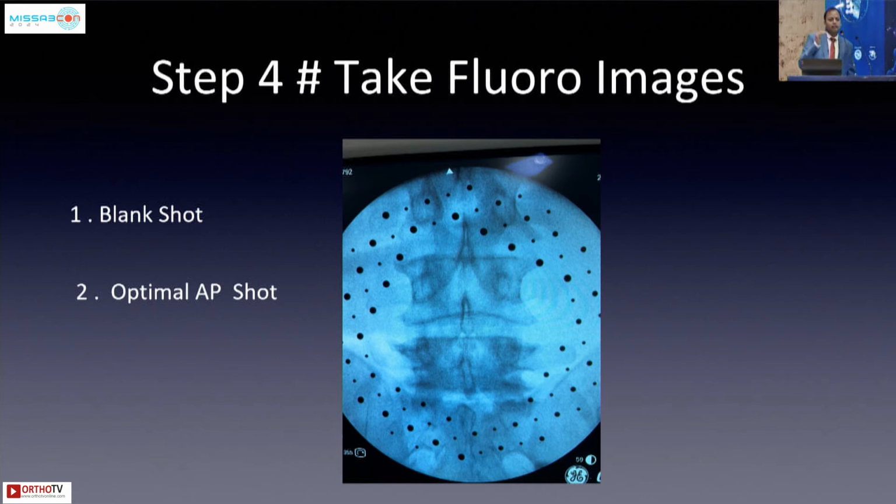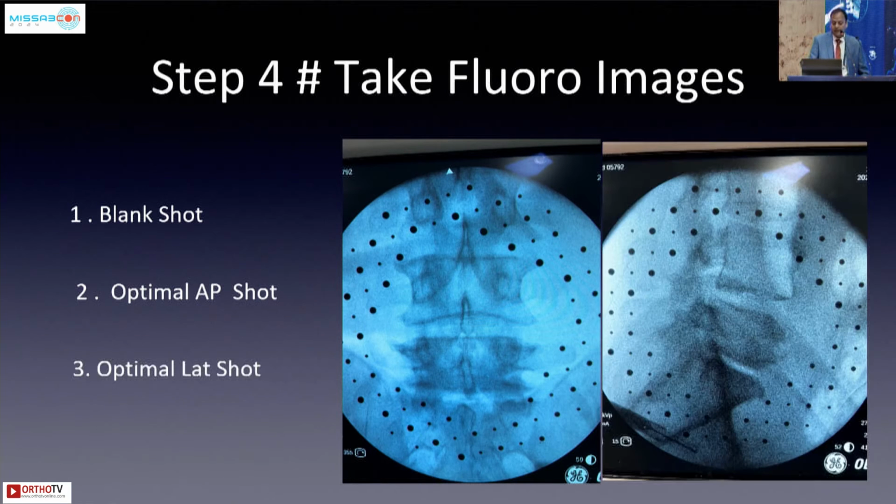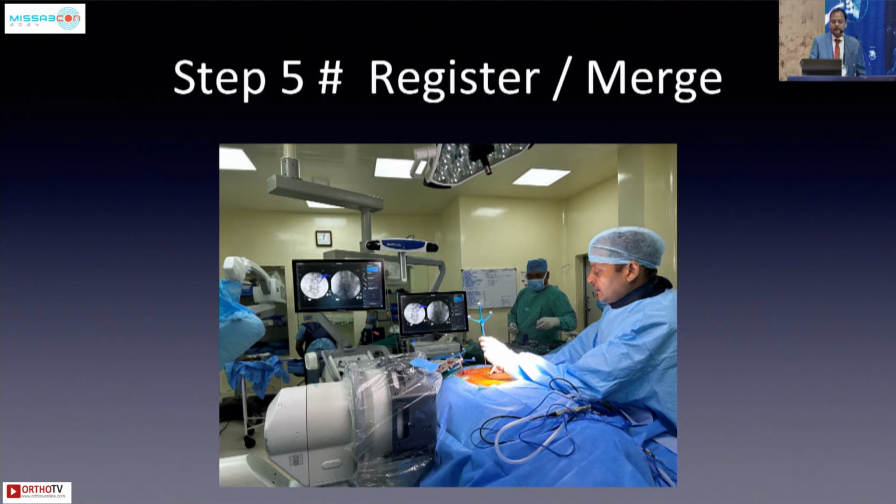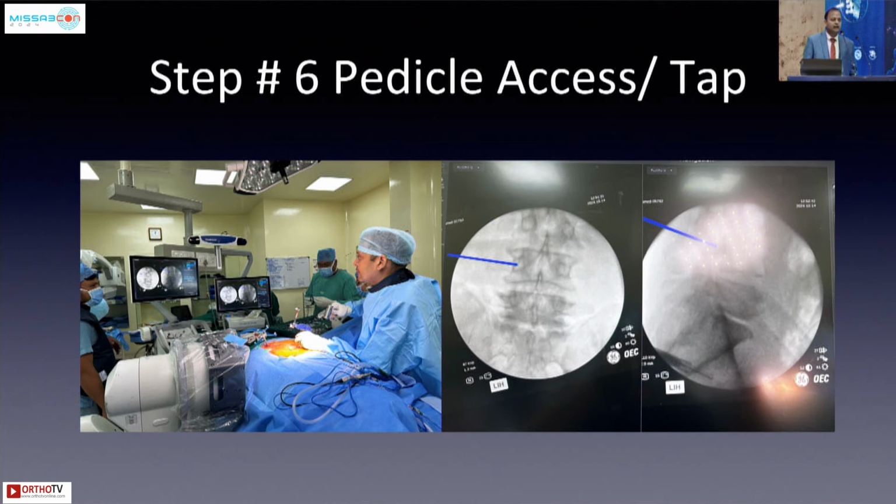If you're working at L4-5 or L5-S1, make sure the pedicles are really round and the plates are parallel. Sometimes you have to shoot two AP X-rays, one for L5-S1 if there is a huge lordosis, and one for L4-5. And then an optimal lateral view. So these are 3 or 4 images you have to take, and the radiation doesn't take more than 3 to 4 minutes. Once the radiation is over, you register and merge into the system, and then start your pedicle probe.